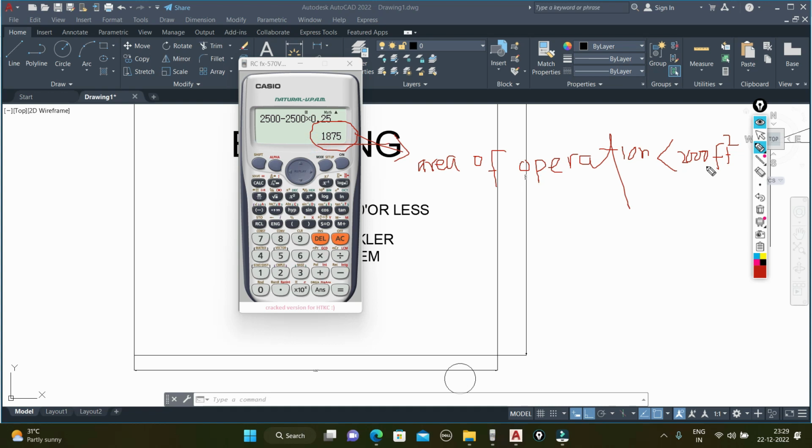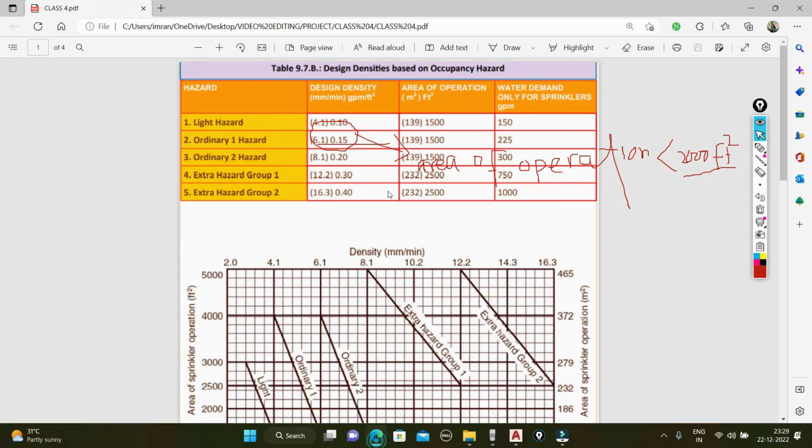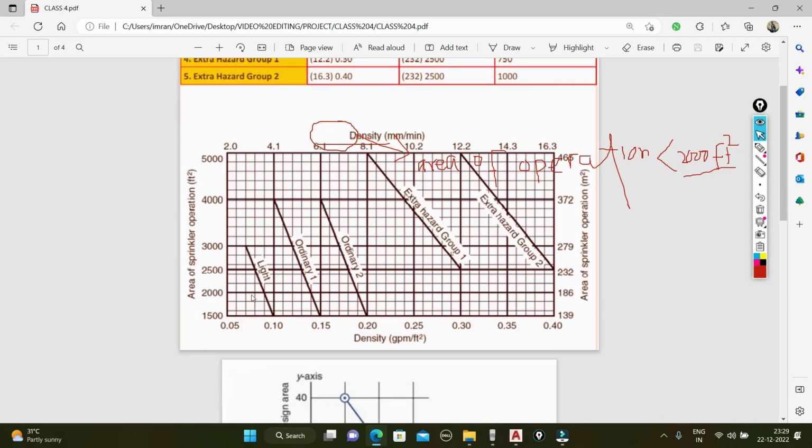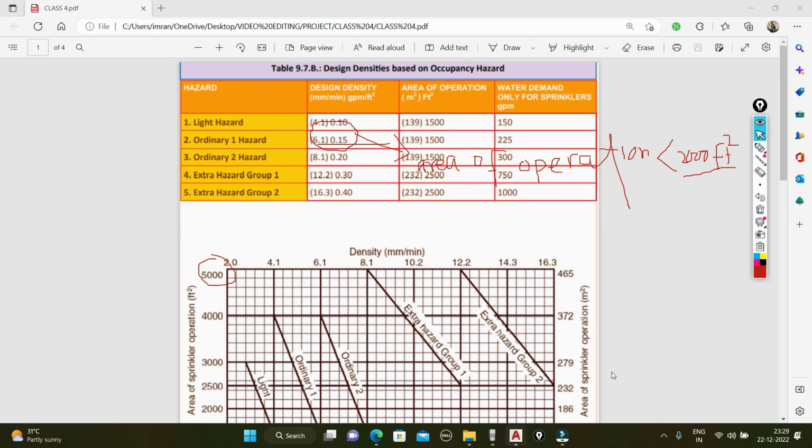We will consider 2000 feet square for the remote area. Okay, we will consider this 2000 feet square directly. We will not consider 2500 as per this graph. As per this graph the area of operation is 2500, but we will consider 2000 feet square for the area of operation.